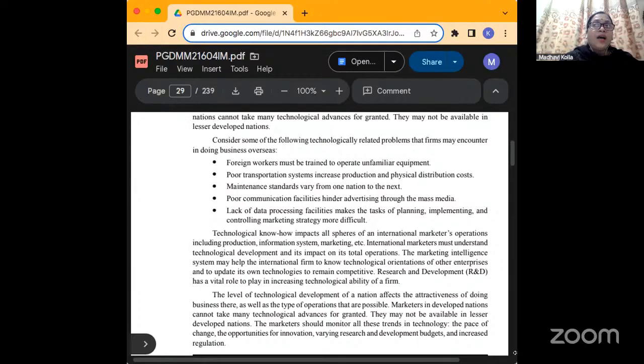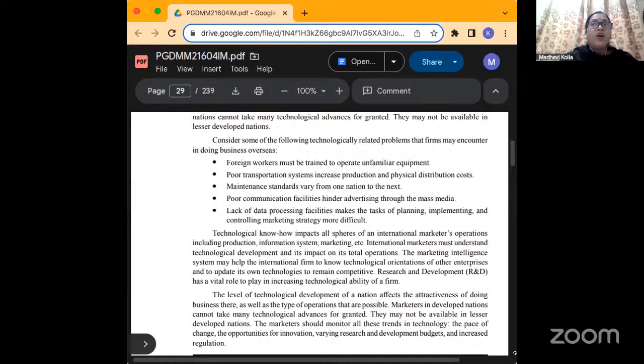So you're exporting your products and you want to sell in a different market. Suppose there is a technical team who is supporting the installation and service of that particular product, say some machinery, then unless they're trained to be able to handle that machinery, they will not be able to succeed.